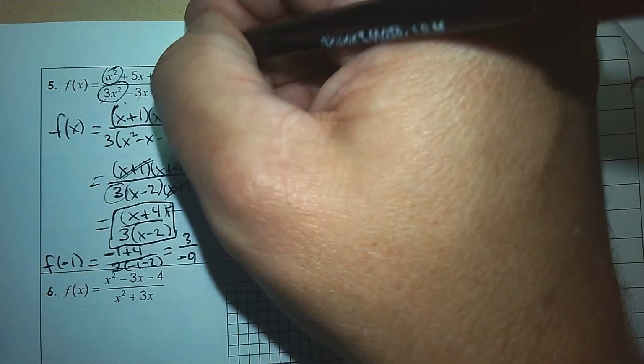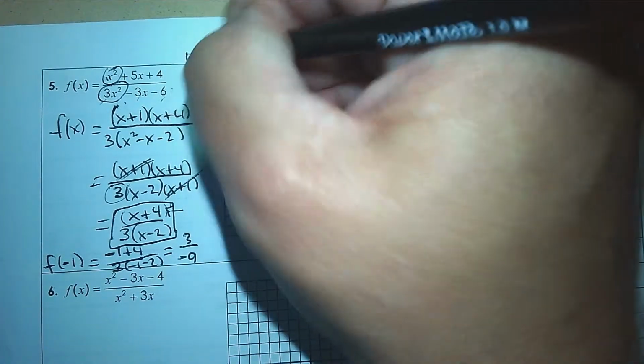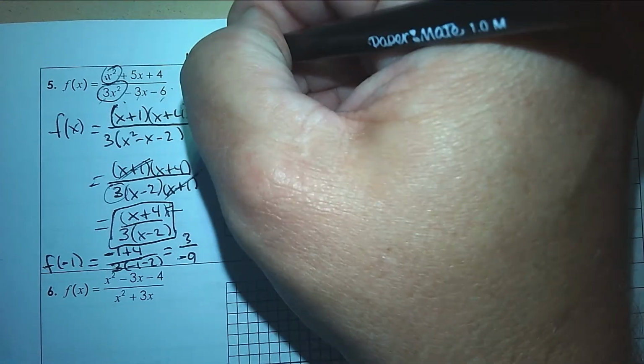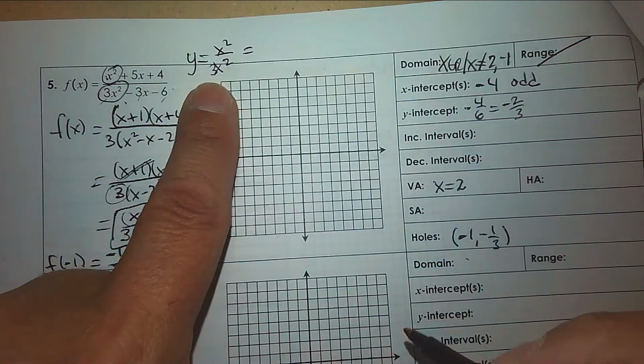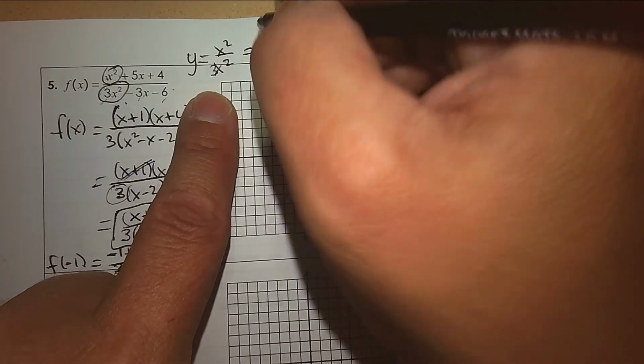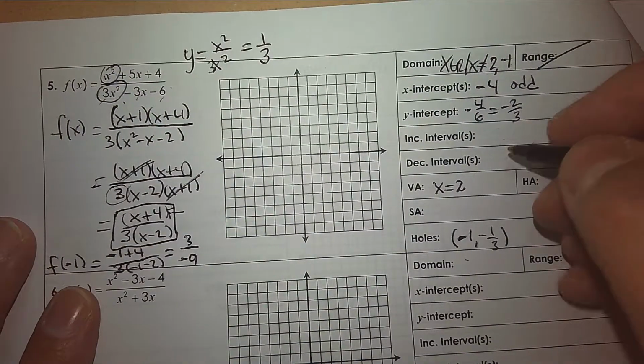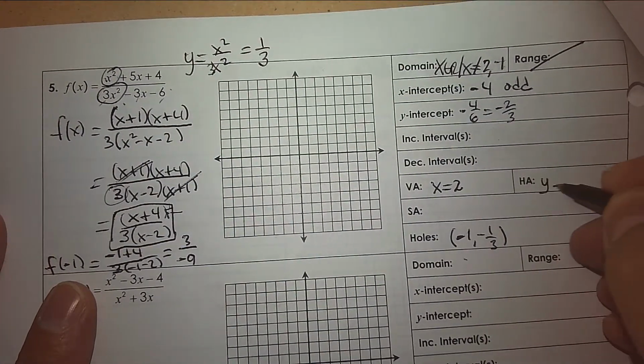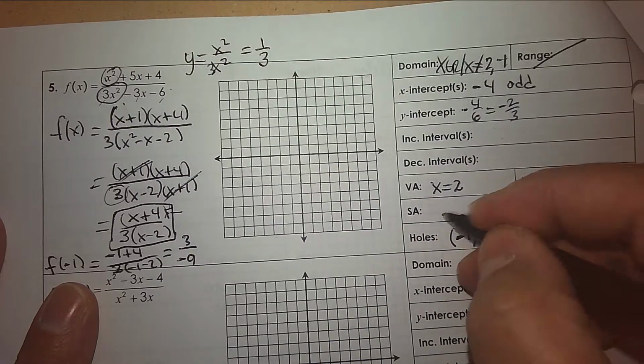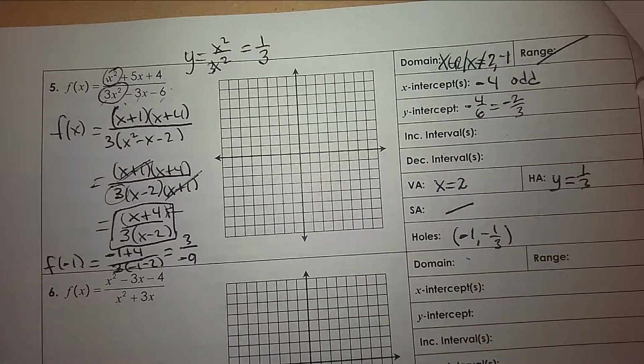We're just going to divide. So power term over power term. So when I cross out the x squares, so it's x squared over 3x squared, what number are we left with? 1/3. So our horizontal asymptote's at 1/3. So do we have a slanted asymptote? No. So we're ready to graph now.